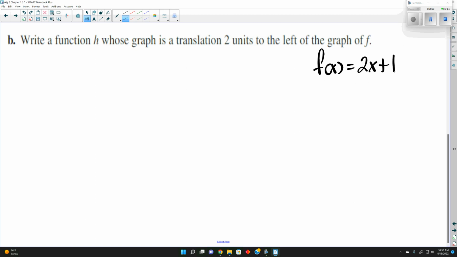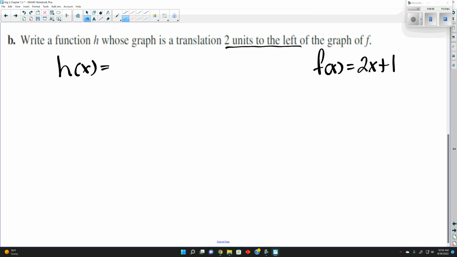Okay, I'm just rewriting the function down because, again, it's not visible on the screen, but you all still have it on your note sheet right above it. So for this next one, we want to write a function h of x whose graph is a translation 2 units to the left of f.